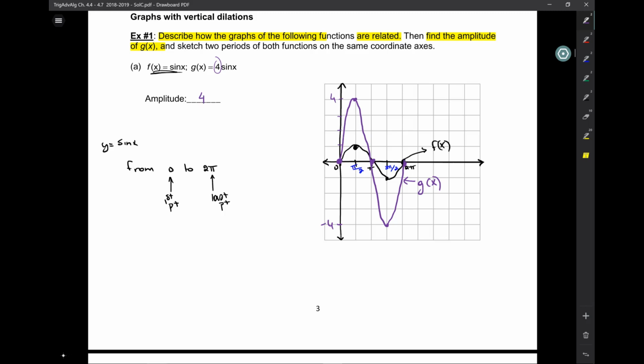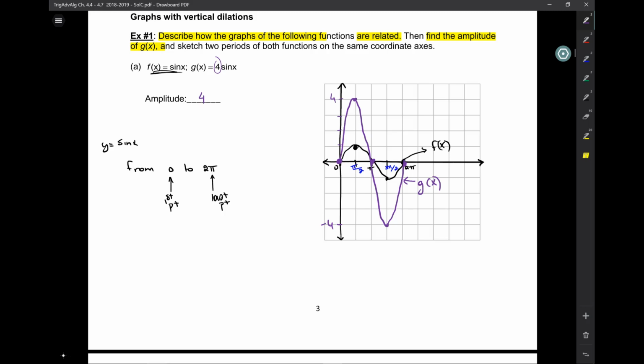It's just up higher. The location where the graph is at a minimum is the same, 3 pi over 2. It just goes down lower for the amplitude. Look, the zeros stayed the same. And we still completed both waves over a period of 2 pi.